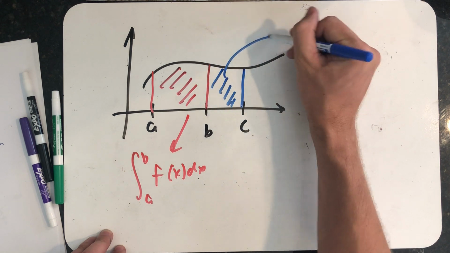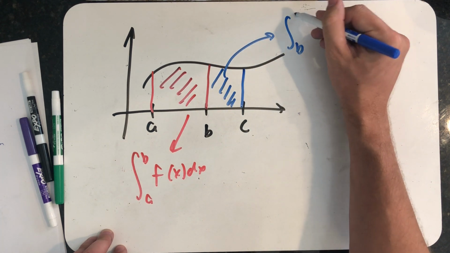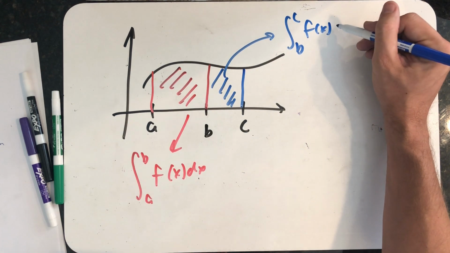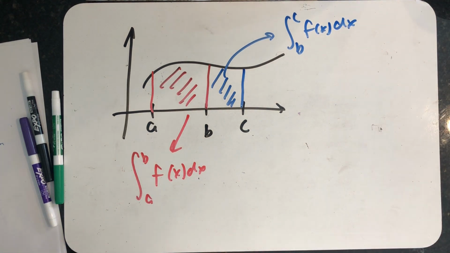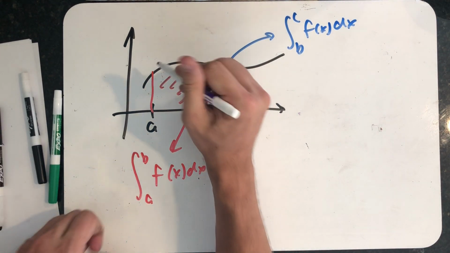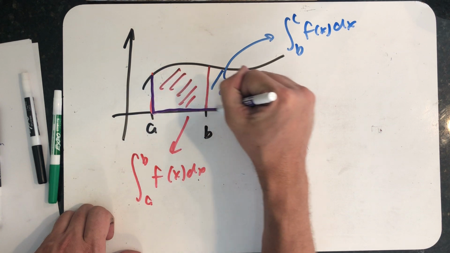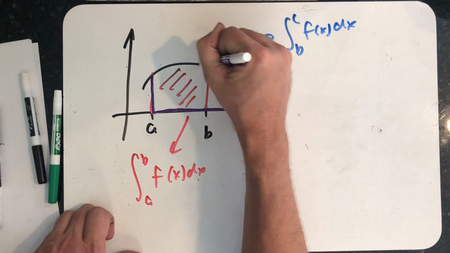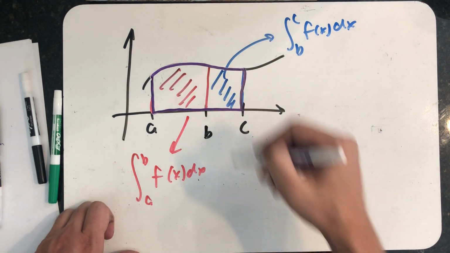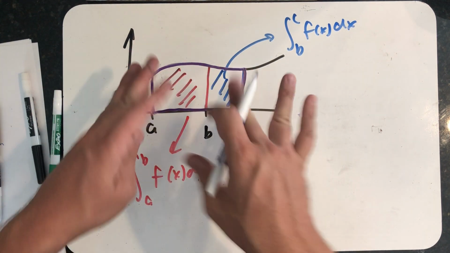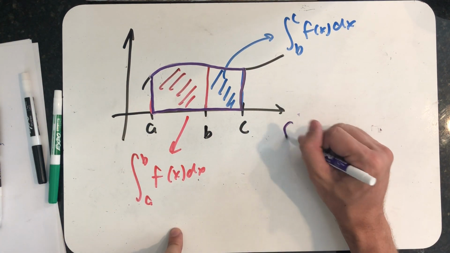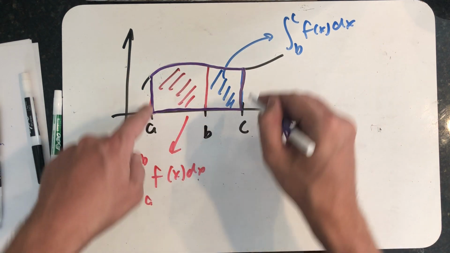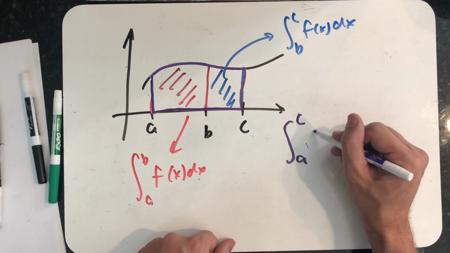The integral from b to c would be the area of that shaded region. And then the total area, which I don't want to shade all in because I want to still see what I've shaded in red and blue separately, would be the area I've traced in purple.